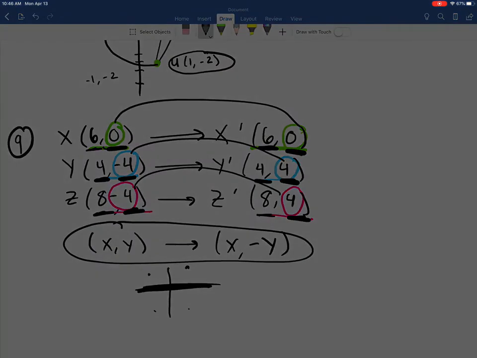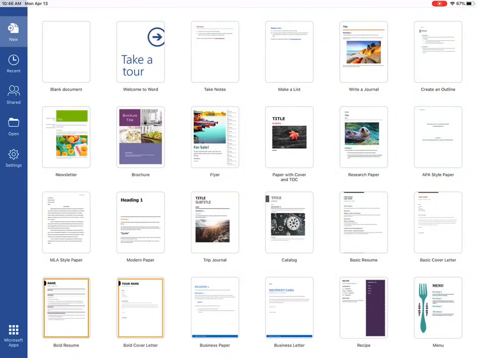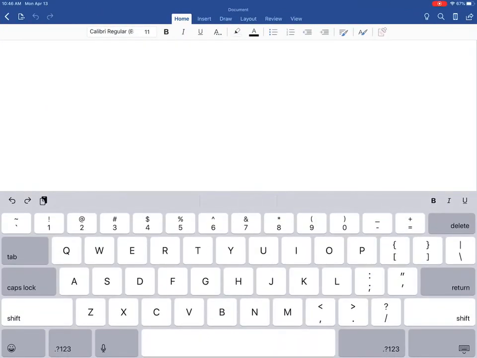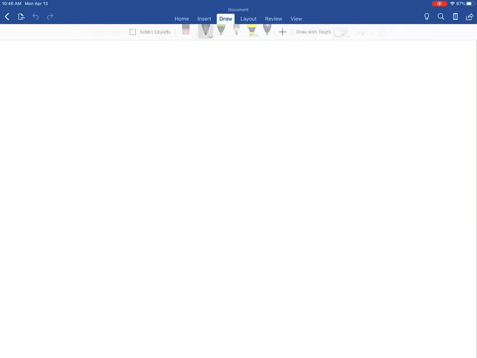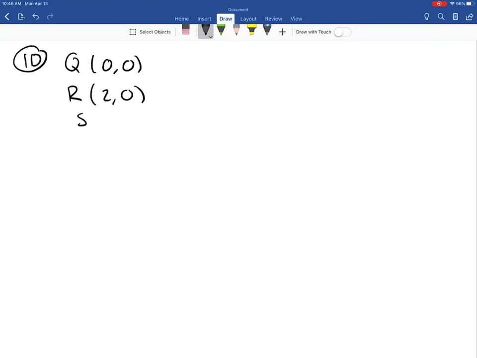All right, number 10. Number 10 says triangle QRS has those vertices. Okay, so let's list them out, just like we did on the last one. Q is at 0, 0. R is at 2, 0. S is at 2, 3.